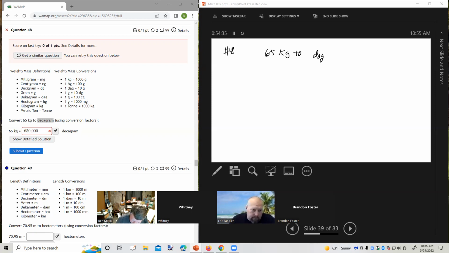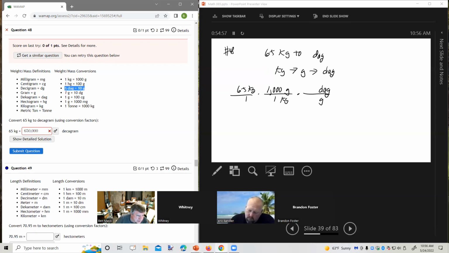All right, let's see here. So we're going to go kilograms to grams and grams to decagrams. 65 kilograms. So kilogram to grams. And then grams to decagrams, and 1 decagram is 10 grams.